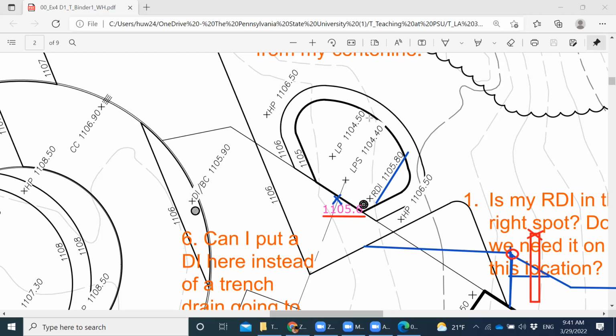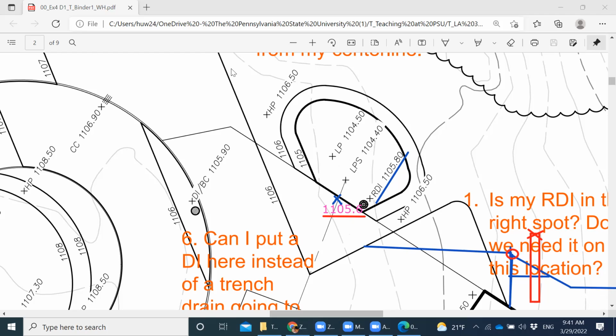And now your LP is 1104.50, which means there is almost a 2 foot, oh no, 1 foot difference. So that's good. LP makes sense, but the RDI is too high.